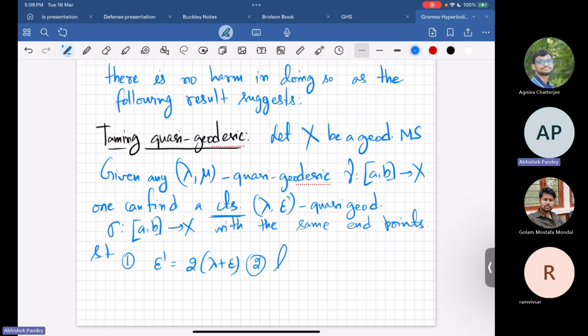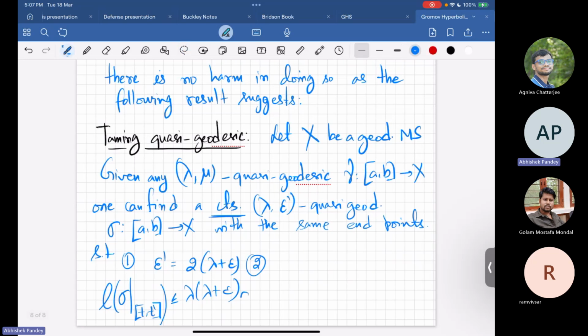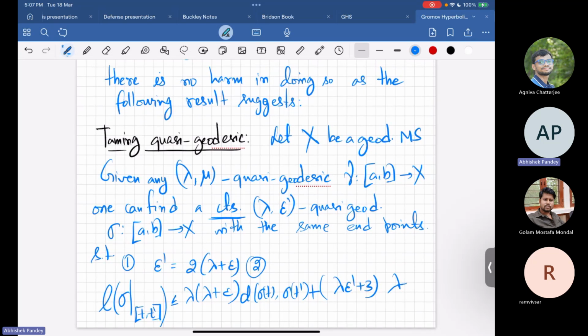Second, the length of sigma restricted to [t, t'] is at most (lambda plus epsilon) times d(sigma(t), sigma(t')) plus lambda epsilon' plus 3 times (lambda plus epsilon).